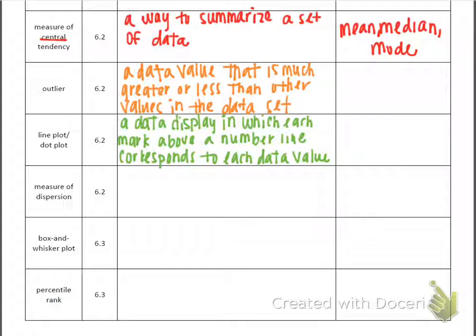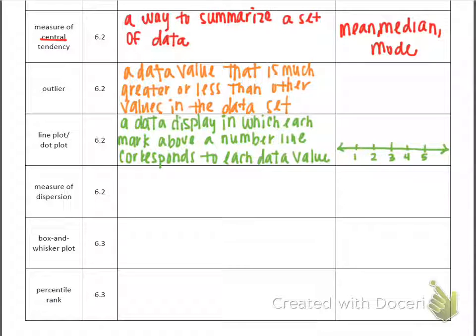And we're going to do just a little baby example like we did with the histogram yesterday. So on a line plot or a dot plot, you're going to have a number line. And the little marks are all going to represent your data values. So on our little baby example, we're going to just do 1, 2, 3, 4, and 5.